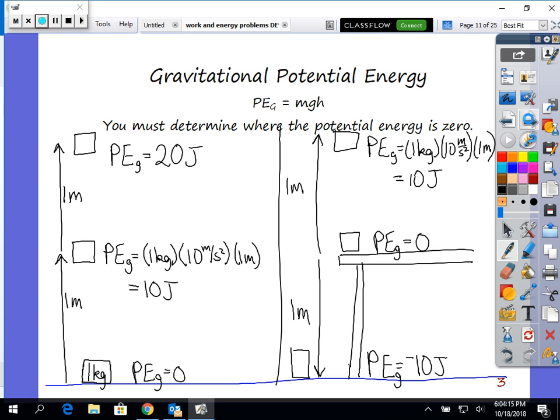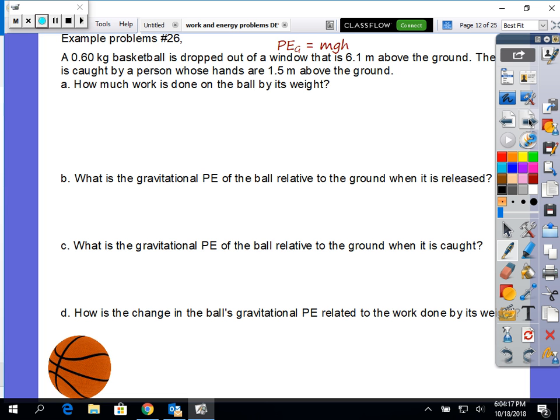Let's try a couple problems. A 0.6 kilogram basketball is dropped out of a window that's 6.1 meters above the ground. The ball is caught by a person whose hands are 1.5 meters above the ground. How much work is done on the ball by its weight? So work is force times displacement times cosine of the angle between them.